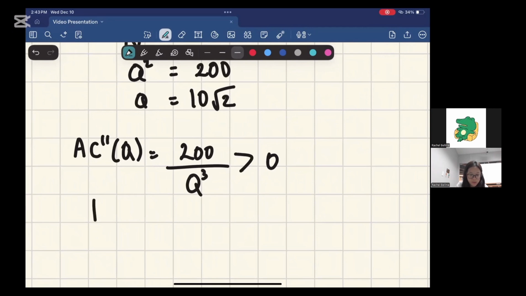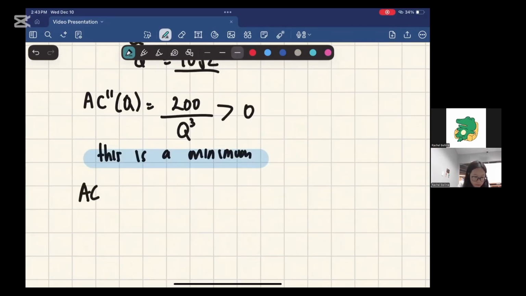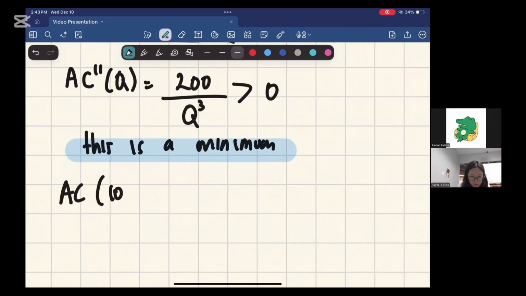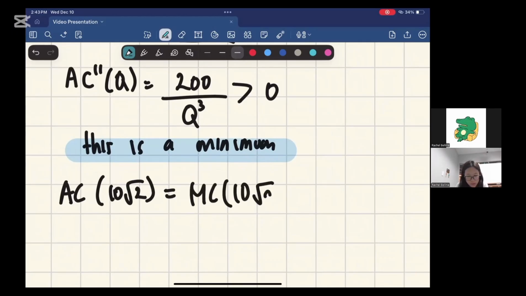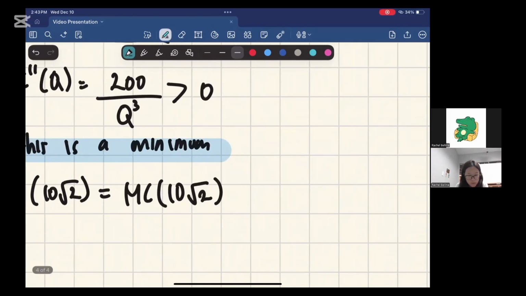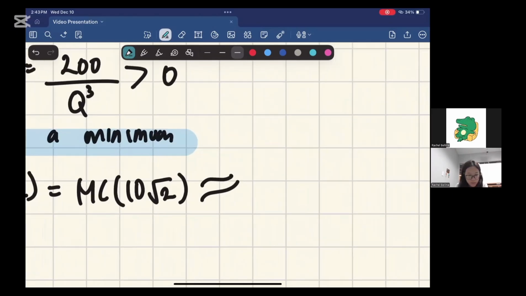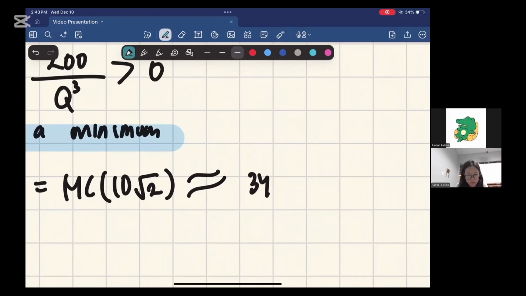So this is the minimum of the function. Then the marginal cost at Q equals 10 root 2 is equal to around 34.142.